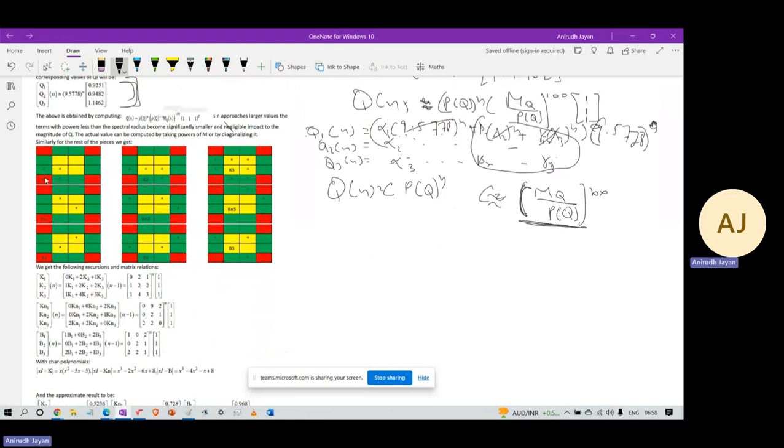Now, king at the corner has 3 different ways to move. King at the edge has 5 different ways, and king at the center has 8 different ways. Now, for the knight, 2 different ways from the corner, 3 different ways from the edge, and 4 different ways from the center.